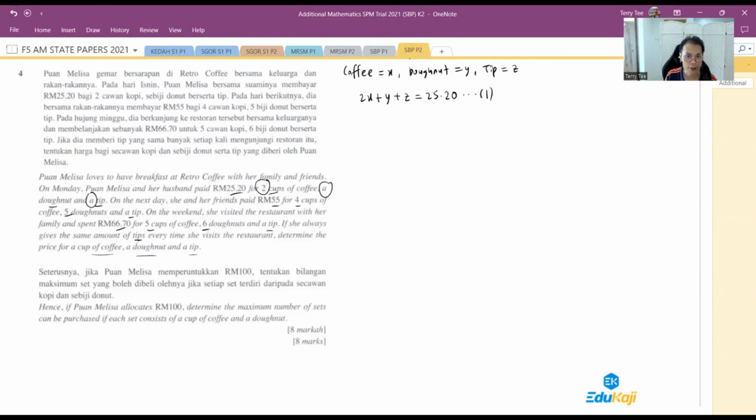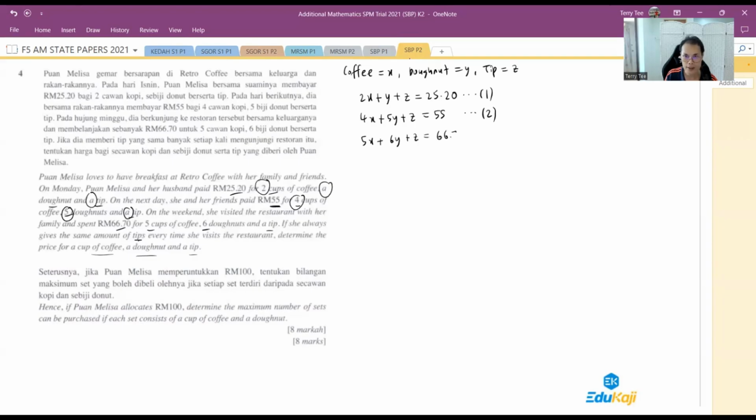She paid 55 ringgit for 4 cups of coffee, 5 donuts, and a tip. So 4x plus 5y plus z, and she paid a total of 55. Equation number 2. Okay, so the third equation will be when she went there with her family. She bought 5 cups of coffee, 6 donuts, and a tip.